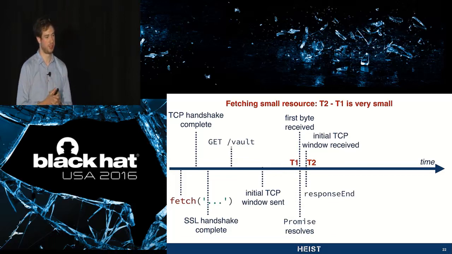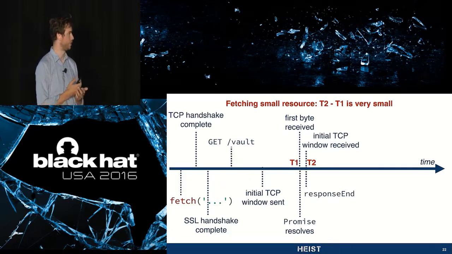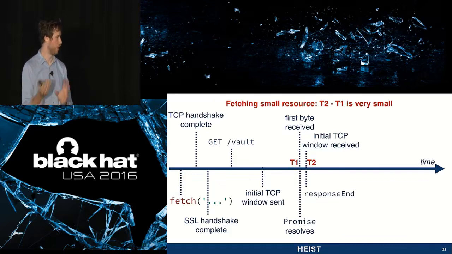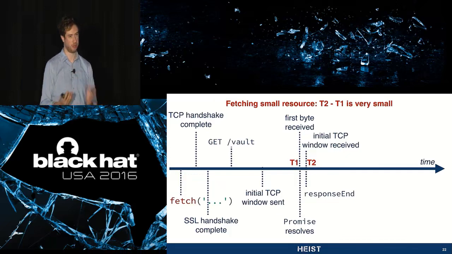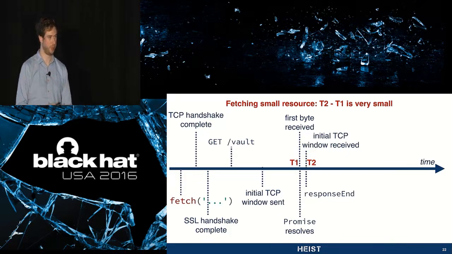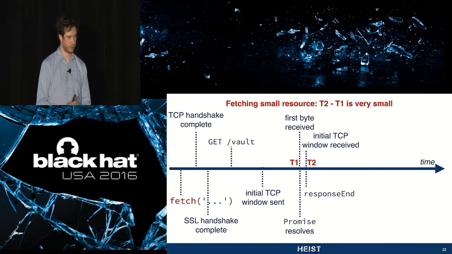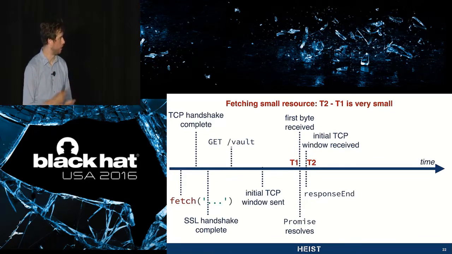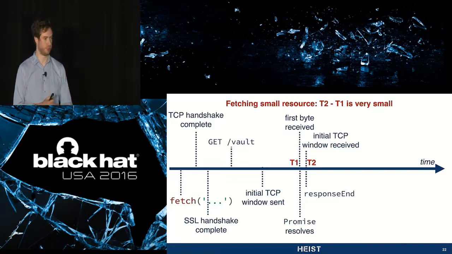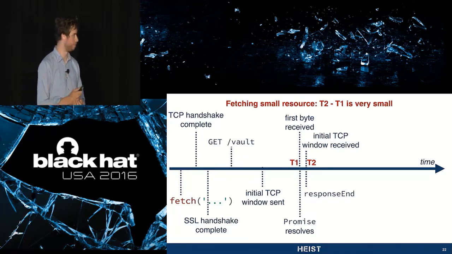When receiving this GET request, bunnybank.com will answer with a response, and because it fits in a single TCP window, it will send all the TCP packets in a burst to the client. And a bit later, so a round trip time after the GET request was sent, the first byte of this response will be received by the client.